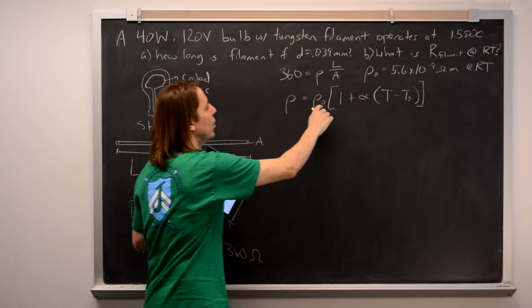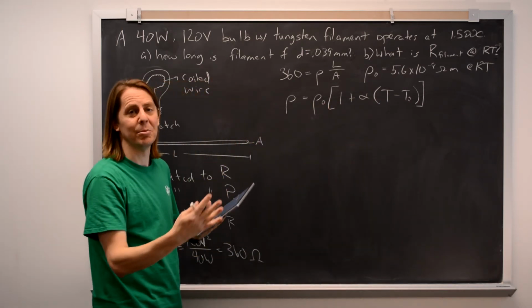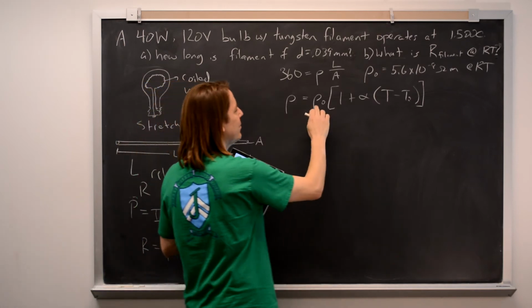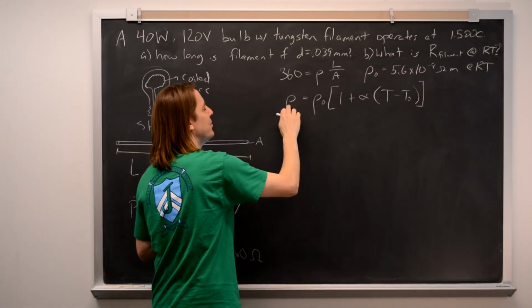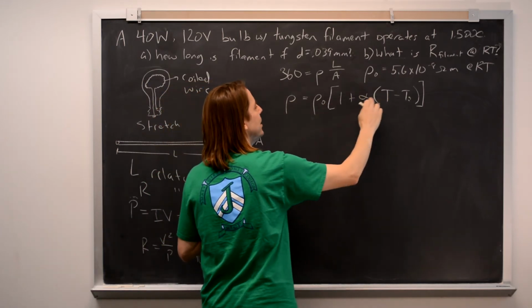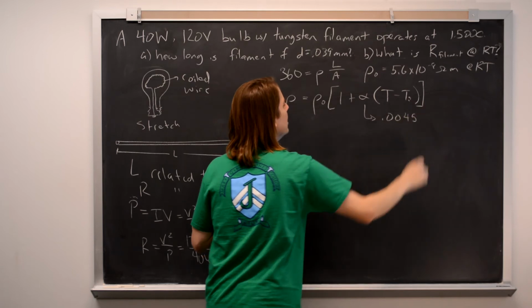So rho naught and T naught don't have to be room temperature. They could be any temperature where it's known. But usually you plug in the room temperature value you looked up, and then you get the high temperature value, rho, at some high temperature, and you just need this number, alpha, which for tungsten is well known to be 0.0045.